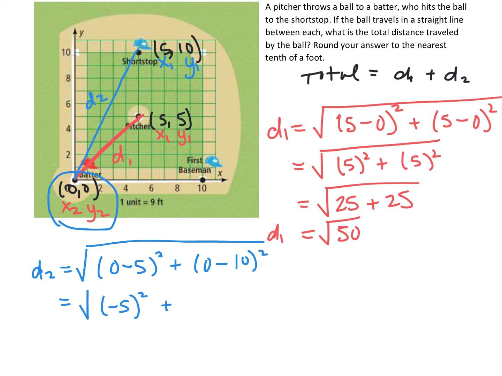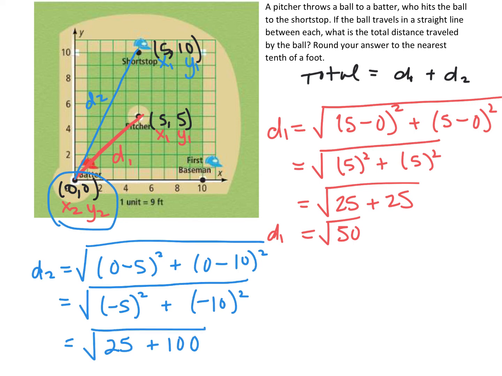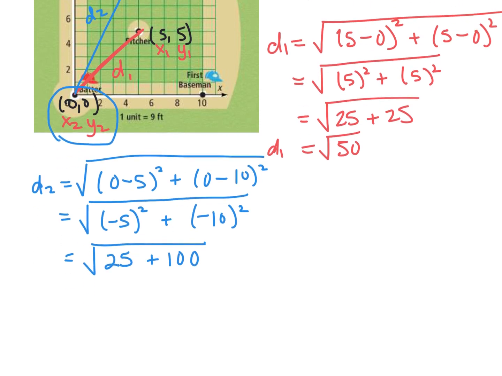Notice how I'm keeping all these parentheses. 0 minus 10 is negative 10. Square root of all that. Now when we square these negative numbers, a negative 5 times a negative 5 is positive 25. And a negative 10 times a negative 10 is positive 100. And we end up with the square root of 125.